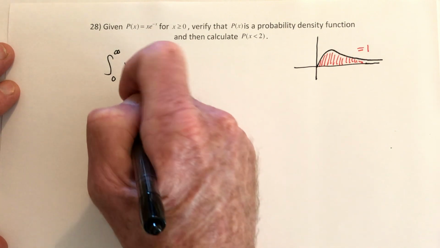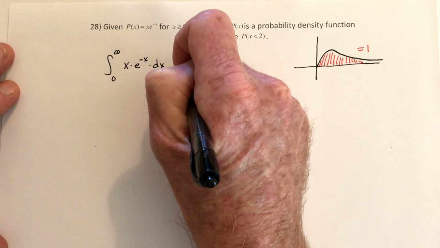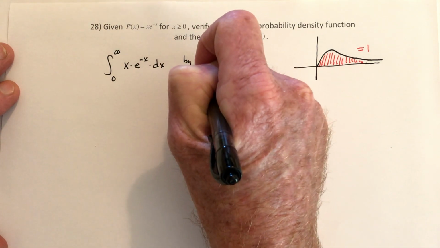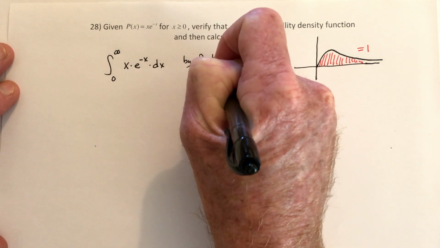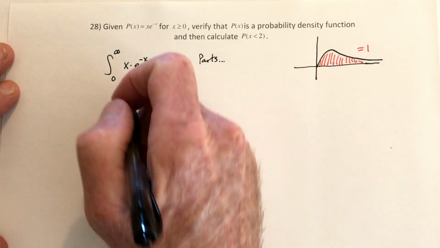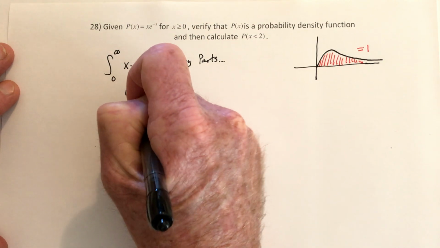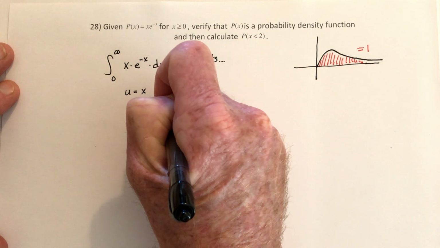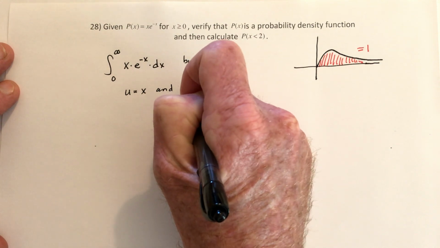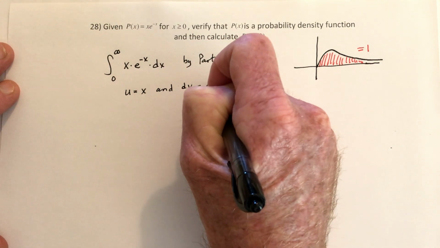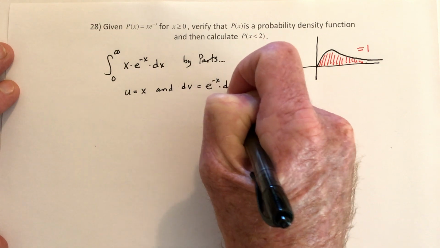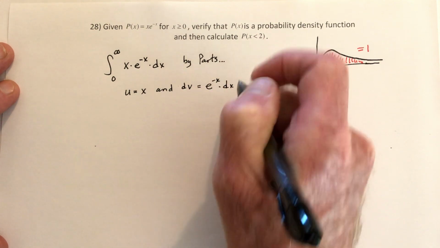So I'm hoping that integration by parts will work. And then also, by letting u equal x and dv being the e function, we're only going to have to do integration by parts one time.